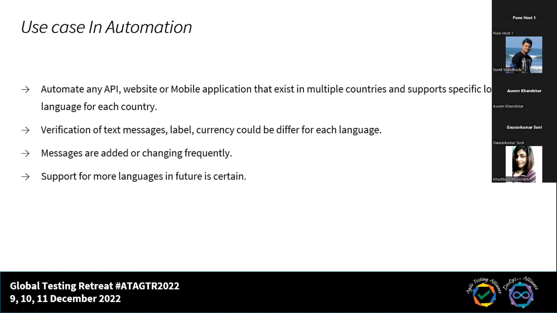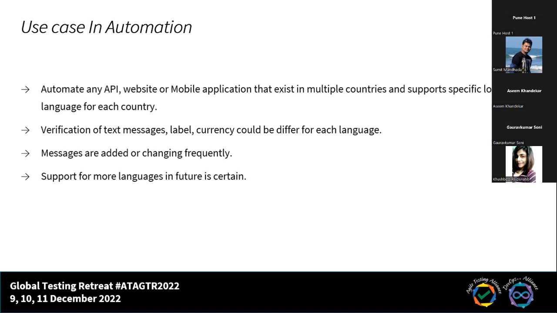The use case is that we are supposed to automate a platform that exists for multiple countries and supports local languages for each country. Sometimes German, French and Canadian French are both slightly different, so the resource bundle would also help us manage that problem.